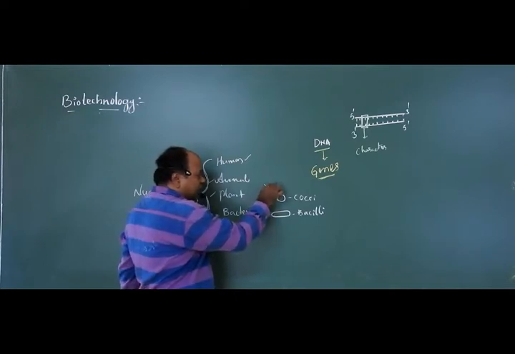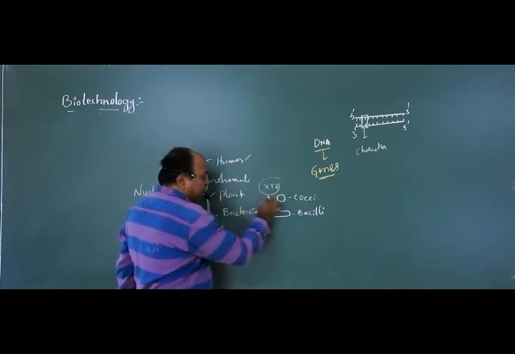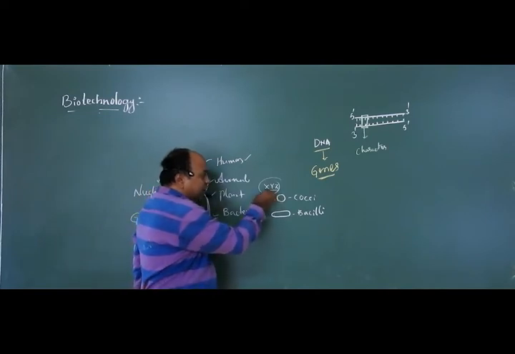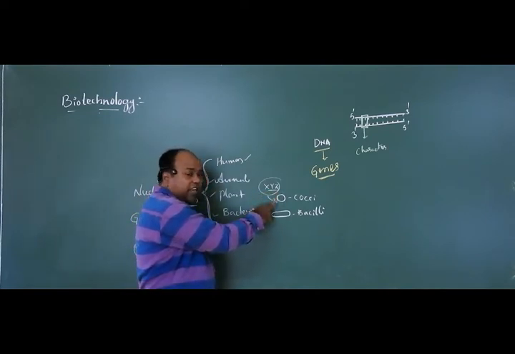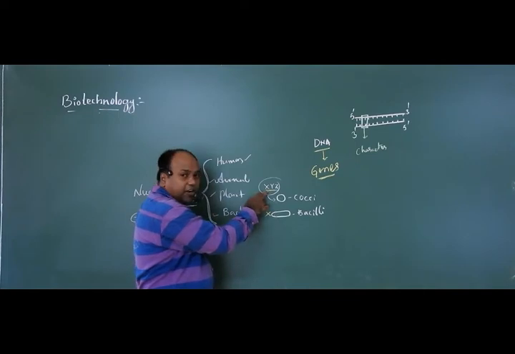Just imagine we are using an antibiotic XYZ on these bacteria. This bacteria is able to survive against this antibiotic, but this bacteria is not able to survive against it.